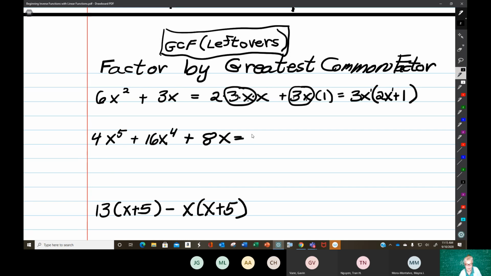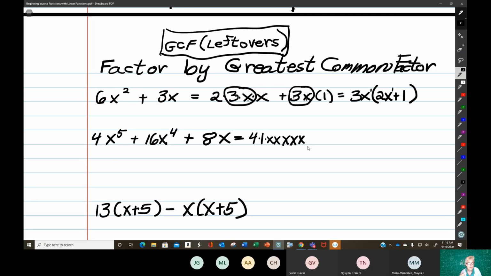Okay, so we are going to have a 4 times a 1 times an x times an x times an x times an x times an x. I could have broken the 4 down into 2 times 2, but I don't really have to because I looked ahead, and 4 goes into 16 and 4 goes into 8.